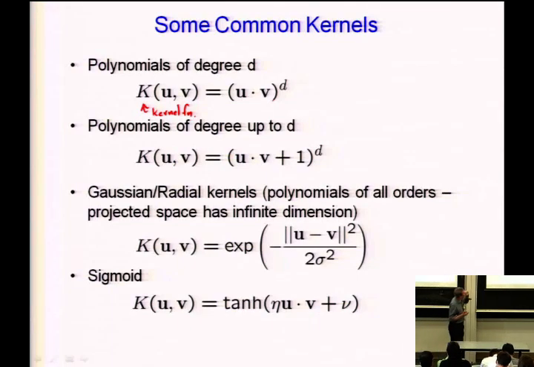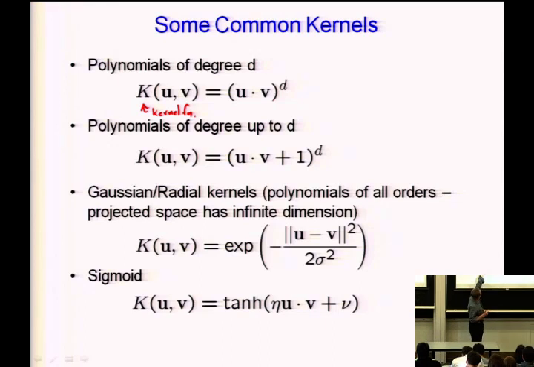Here's another kernel, which in the base space looks a lot like a Gaussian function. It's taking the distance between the two vectors, giving us a Gaussian-like distribution based on the distance between the two.